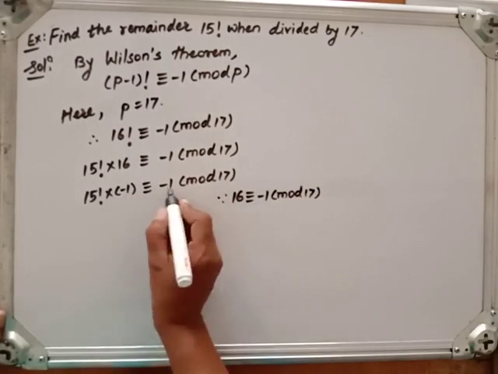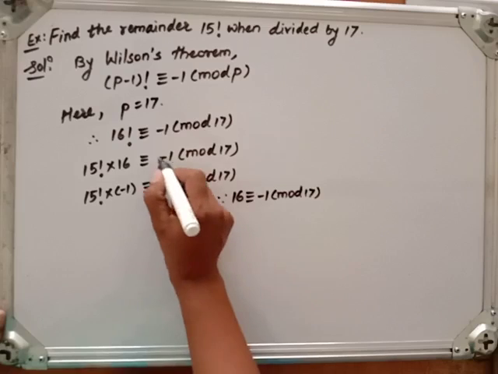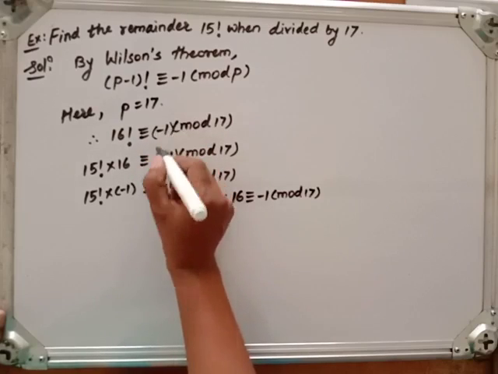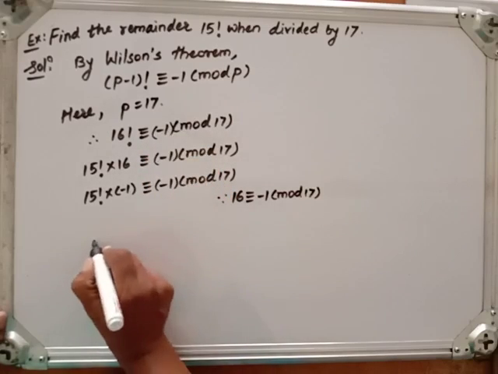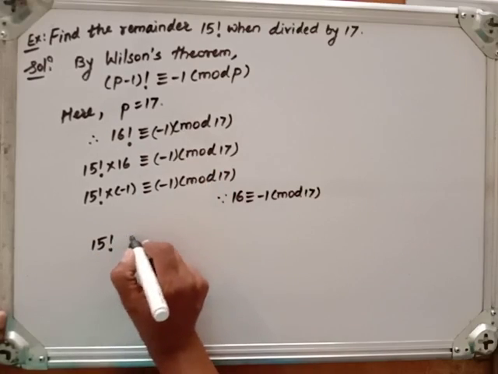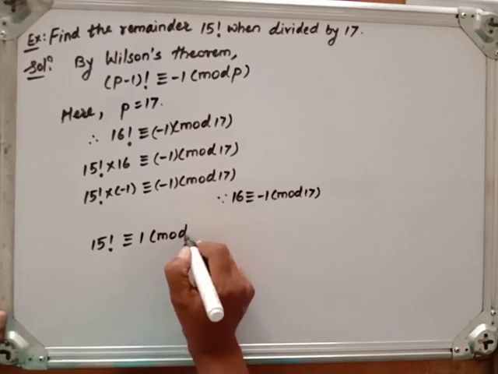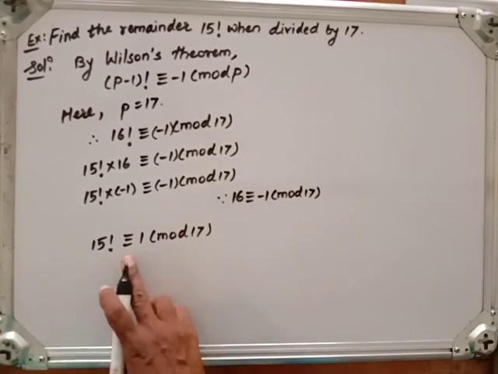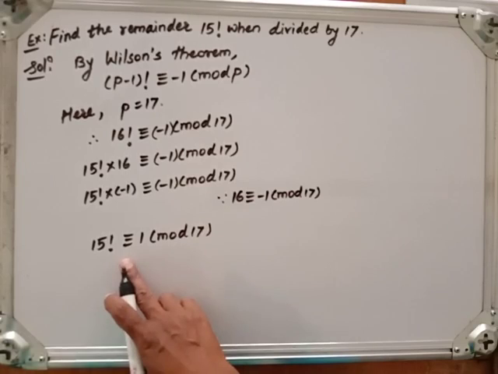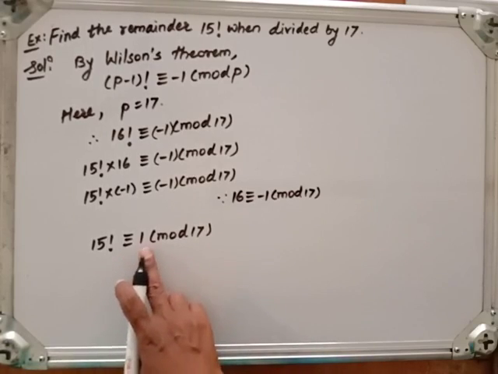So on both sides the term minus 1 is there, so this negative will get cancelled. So what can we say? 15 factorial is congruent to what? 1 modulo 17. So the remainder of 15 factorial when divided by 17 is how much? 1.